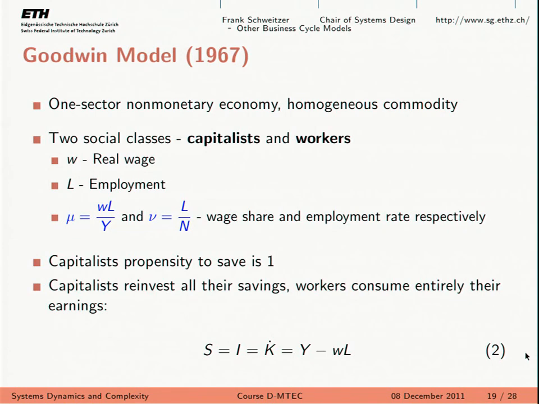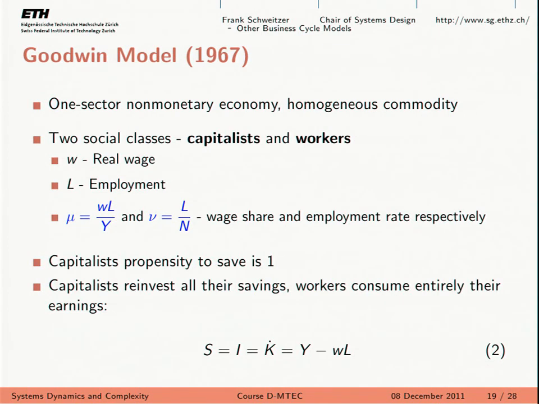Now, capitalists, two more assumptions is that capitalists always invest everything they get. So the capitalists get some profit, they save everything, and by assumption of classical economics, savings are used for investment. They're not used to just have cash in the bank, but for investment.